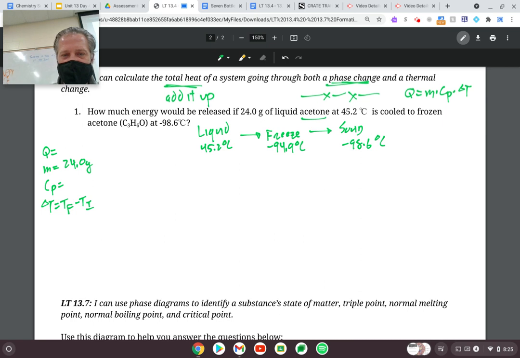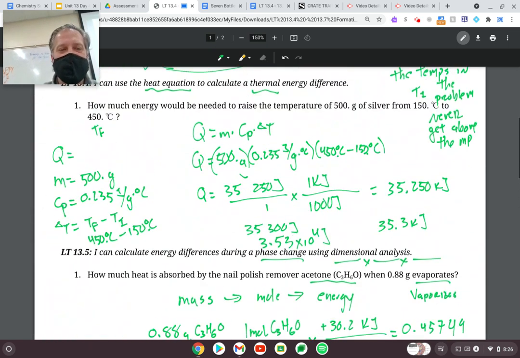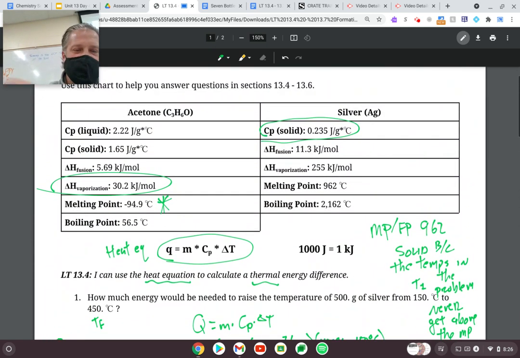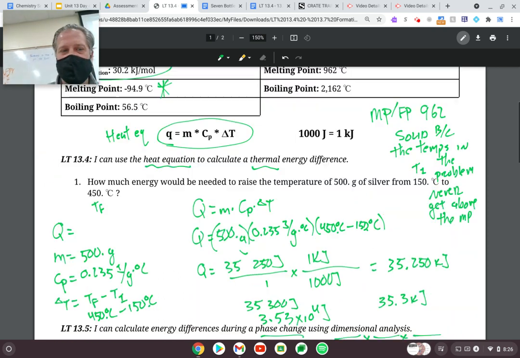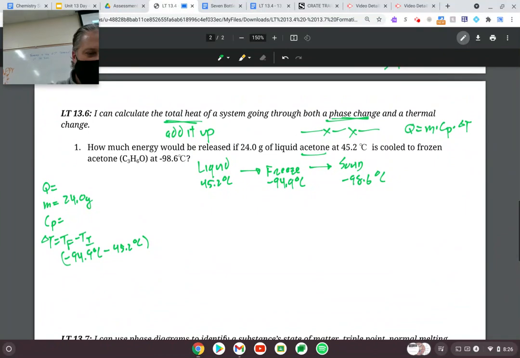My initial temperature here is 45, but my final temperature here is going to be the freezing point, so negative 94.9 degrees Celsius minus 45.2 degrees Celsius. And now I need to go find my Cp, and if it's a liquid, I need to find the Cp of acetone as a liquid. So my specific heat for acetone as a liquid is going to be 2.22 joules per gram per degree Celsius. So I'm going to put that right here.